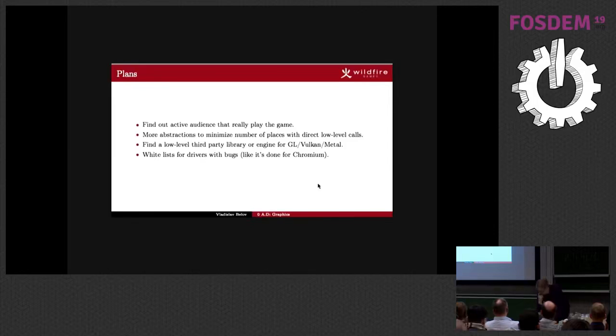So, there is, for example, one library that's used in Chromium. It's called libANGLE, and it's pretty interesting for that kind of thing, but it's probably not really useful for us because it's used to convert OpenGL ES calls to platform-dependent calls.